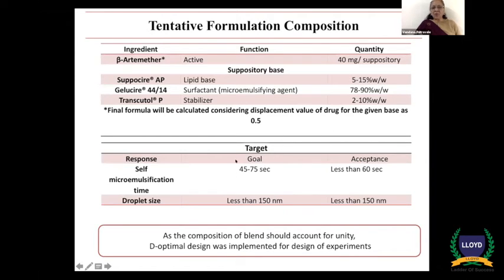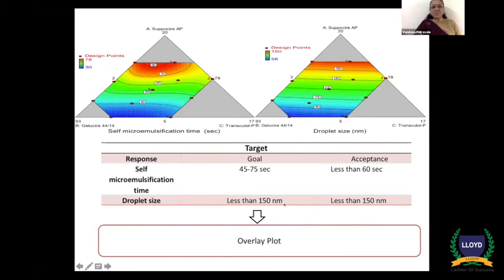The target, of course, is that it should give self-microemulsification in 45 seconds, and the droplet size should be as small as possible, less than 150 nanometers is what we had proposed. So in this case, we went with triplots. And you can see why we could go with them, because there were only a few ingredients. When you have few ingredients, you can plot these, and software for plotting these is also available.